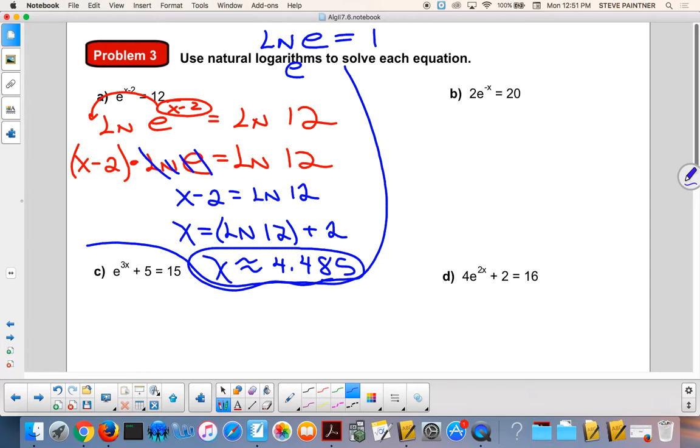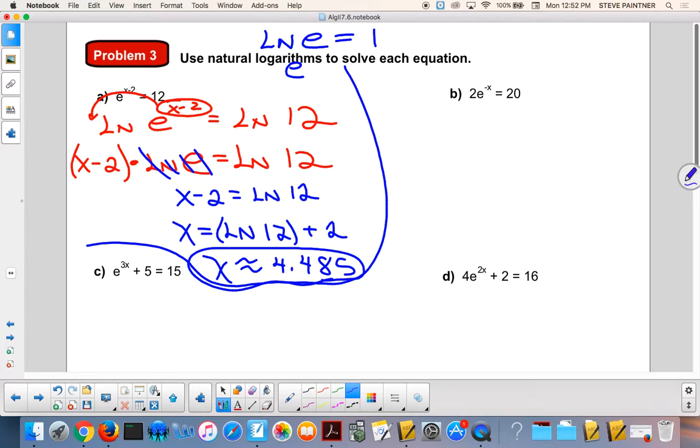Okay, now, this problem I did with you was set up to go. Everything was ready to go. I just took the natural log of both sides because I had e to a power of x. Do I have that over there in the second one? Not quite. All I gotta do is do one thing. I want e to a power of x.